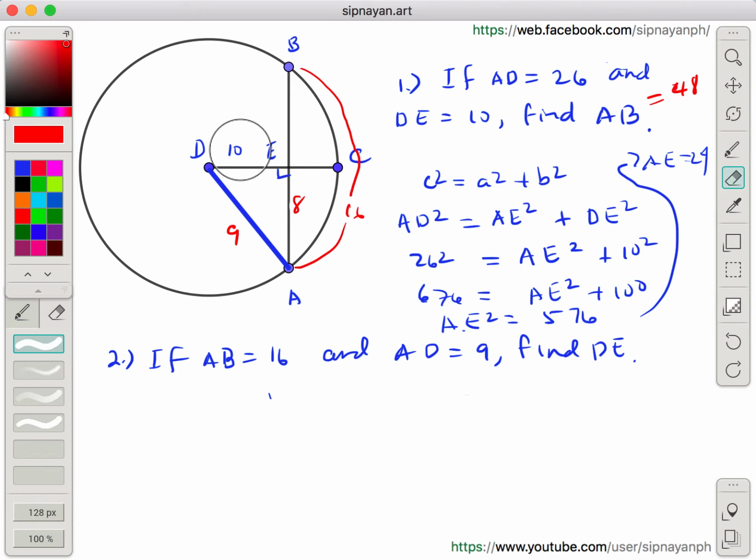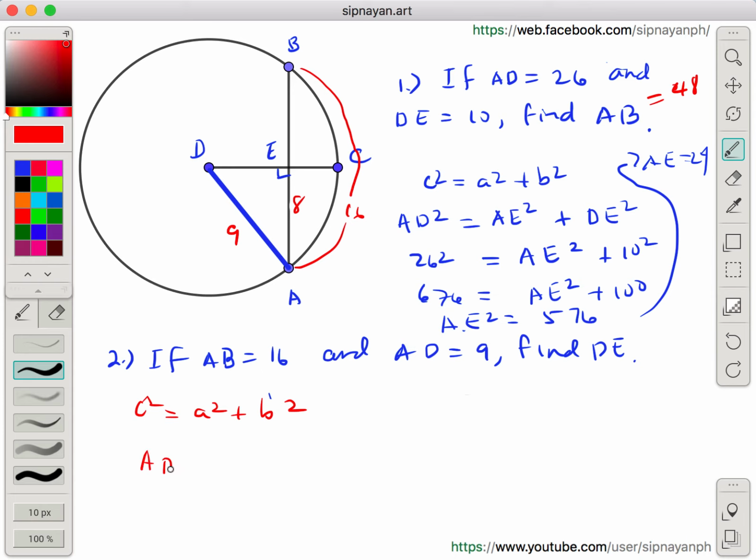And again, this is a right triangle. So, Pythagorean theorem tayo. We have C squared equals A squared plus B squared. And our C here is AD, no? AD squared equals AE squared plus DE squared. And our AD is 9. 9 squared equals AE squared.